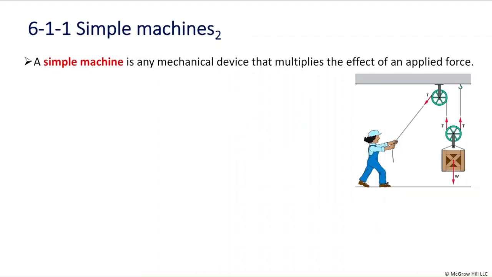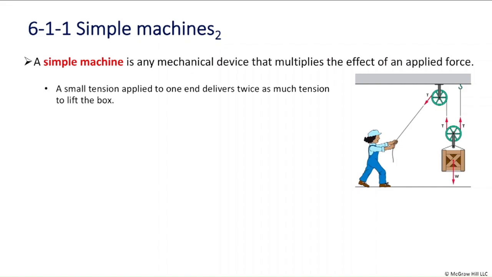Now let's look at another example of simple machines, the pulley system. So how does this work? Imagine a rope running through a pulley and you pull on one end. So by doing this, you are applying tension to the rope. So in pulley setups, this tension can multiply, making it easier to lift a heavy object at the other end.